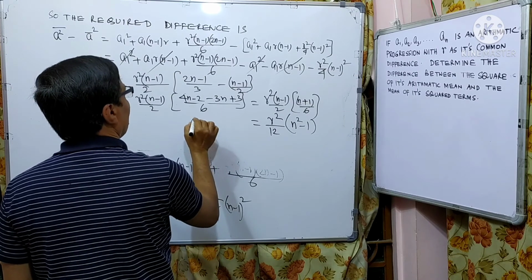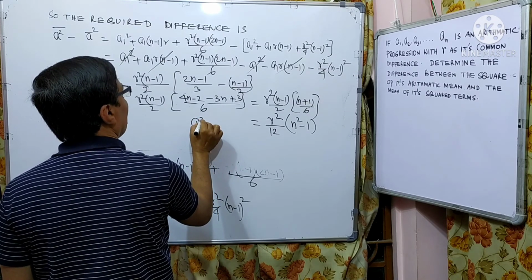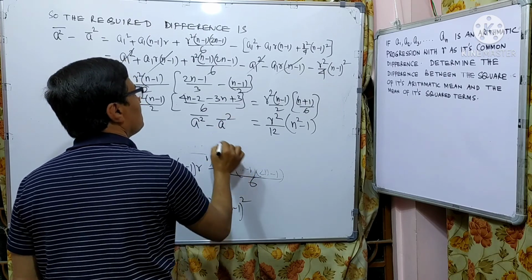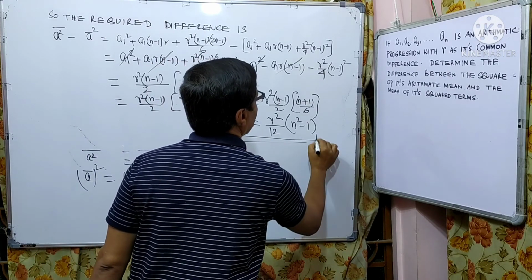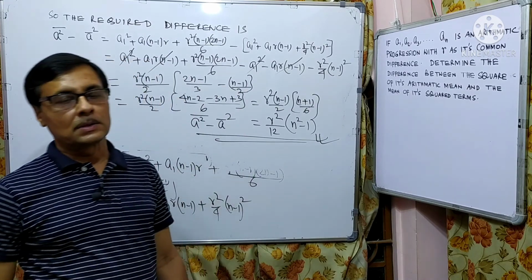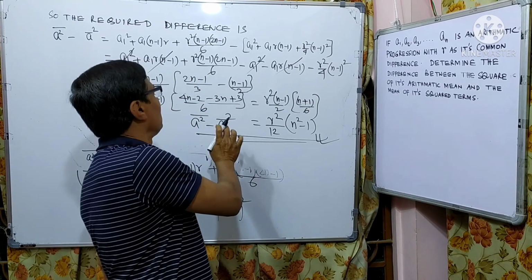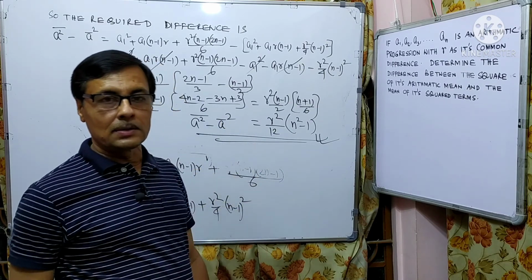That is, a square bar minus a bar square. This is the required difference.